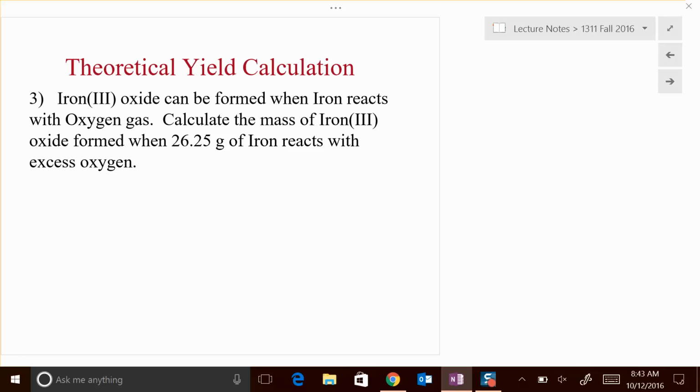So Fe2O3, and then oxygen 3 gives you 6 oxygen. So find the balance.